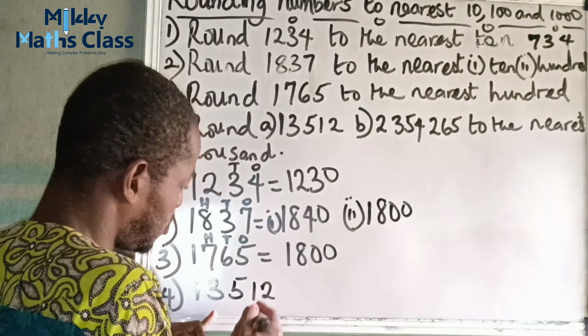The third one, 2841 to the nearest 1000. Round it up to the nearest 1000. So the first one, 547 to the nearest 10. Second one, 14,789 to the nearest 100. And the last one, 2841 to the nearest 1000.